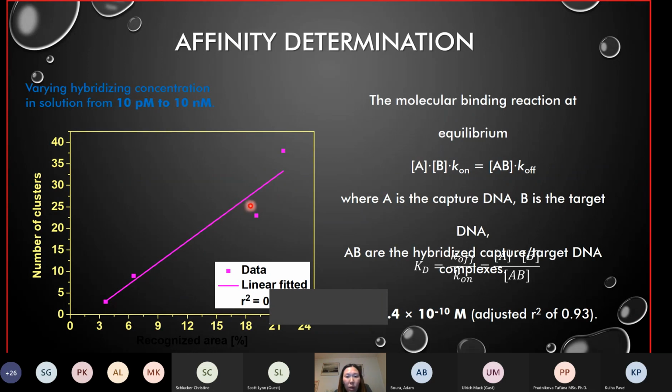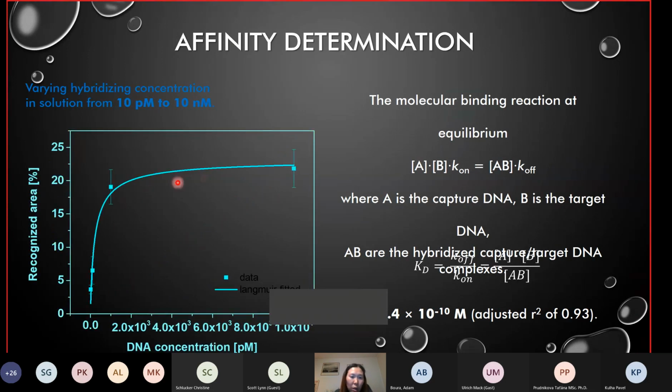And also from our recognition area plot, we could calculate our equilibrium dissociation constant, which is in the 10 to the power of 10 molar range.